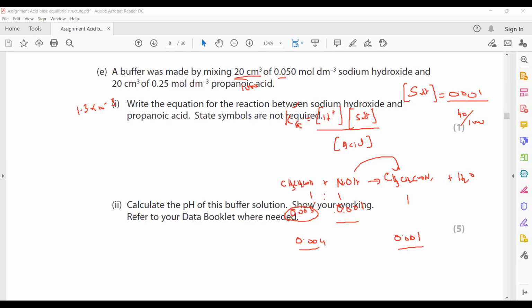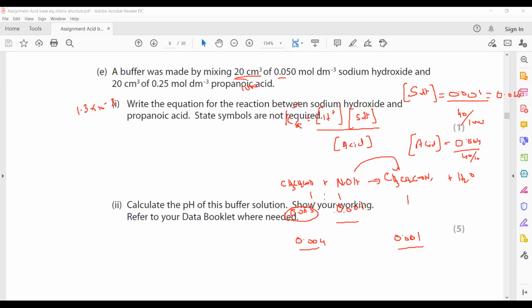What's the concentration now? 0.025. And for the concentration of acid, the moles we have is 0.004 divided by again 40.